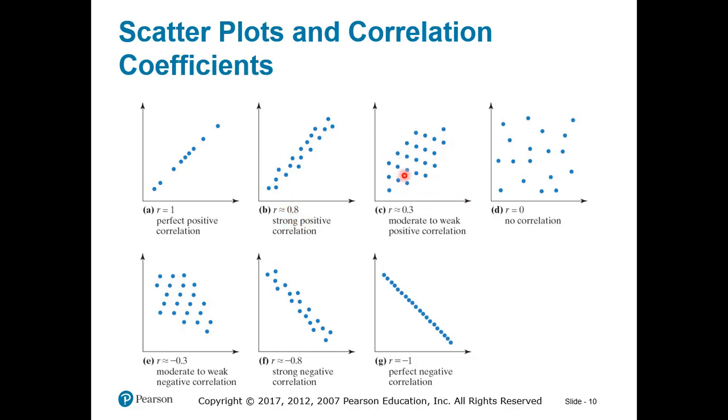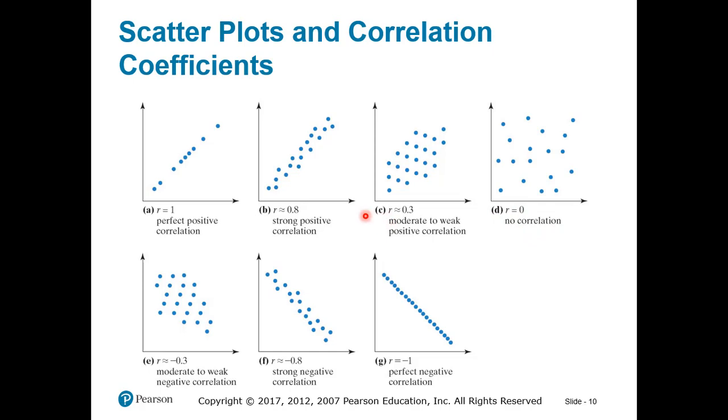Moderate to weak positive would be a little bit more wide, so it's not quite as narrow, and this would be around a 0.3 for an R value. And then, of course, no correlation, which just looks like a cloud of dots with no discernible pattern at all. This would be basically a correlation of 0.